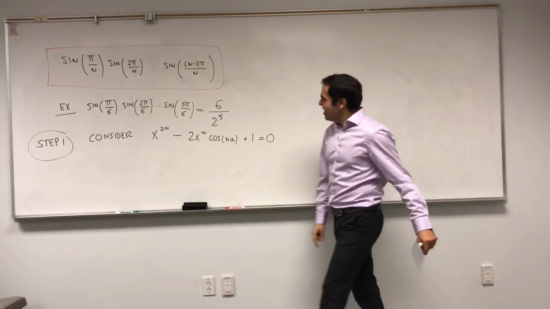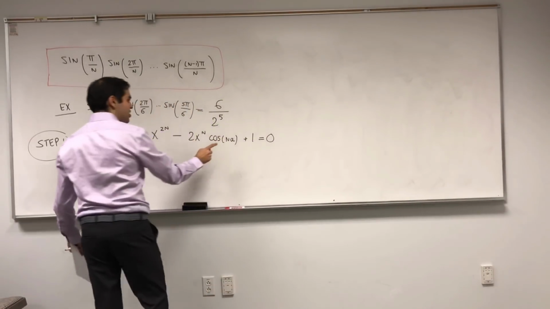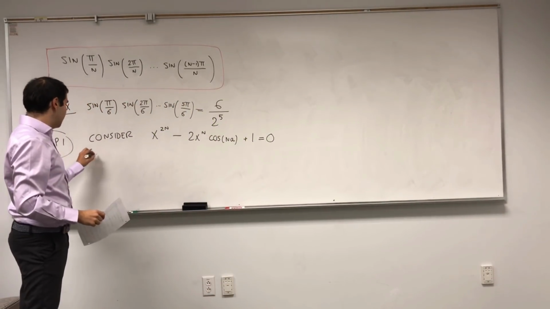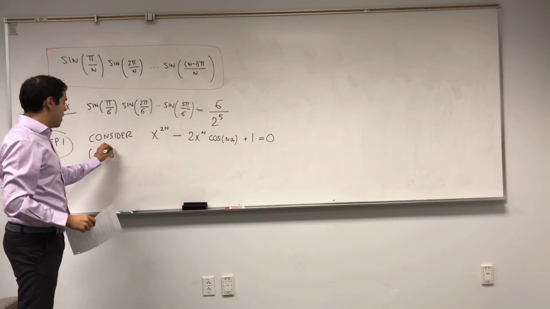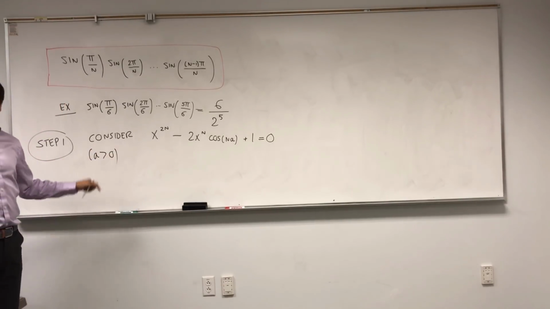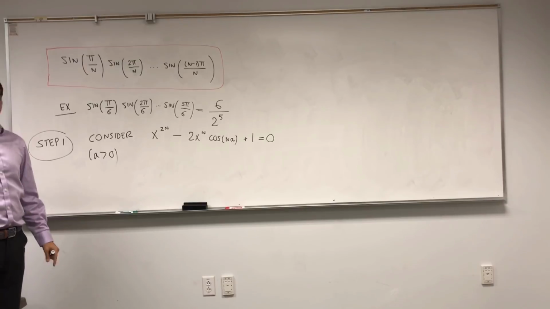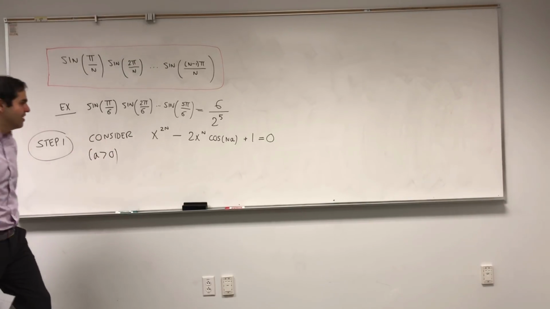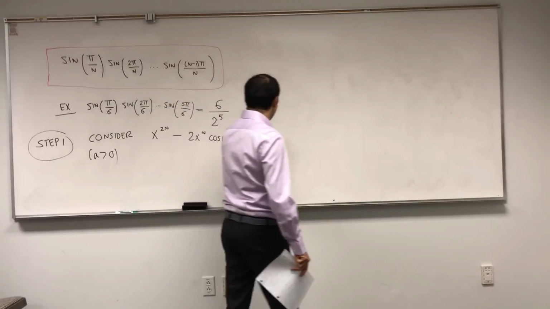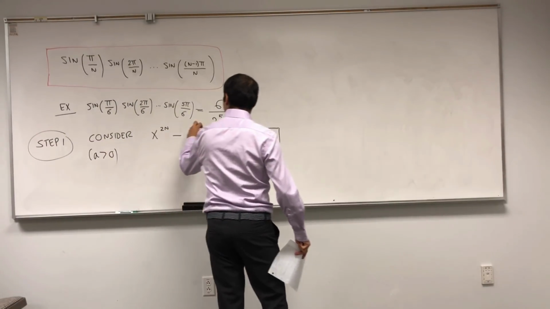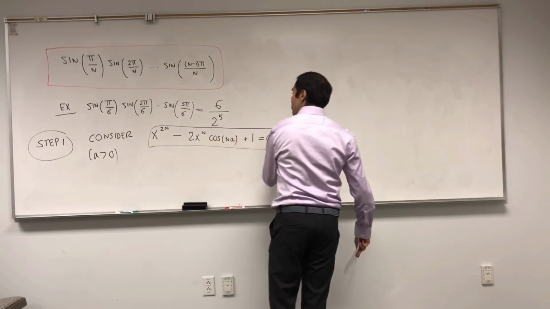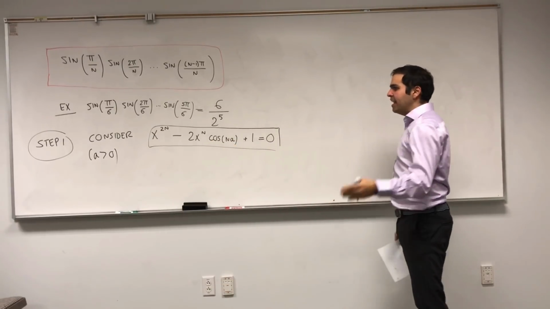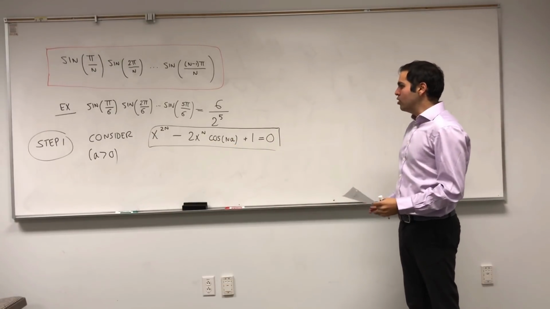So you'll see, we'll consider this equation which depends on a positive n, a positive number a, and then we will choose what our a is. In fact, we won't really choose it. We'll let a go to 0. So consider this equation, and notice it's an equation of degree 2n, so there should be 2n solutions.